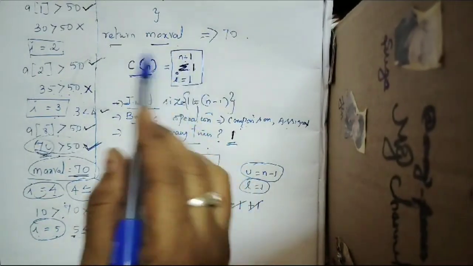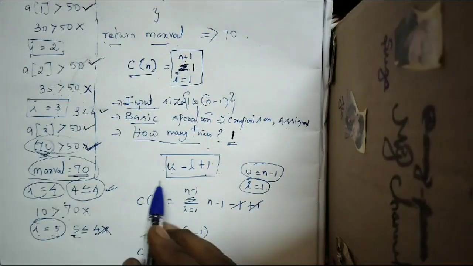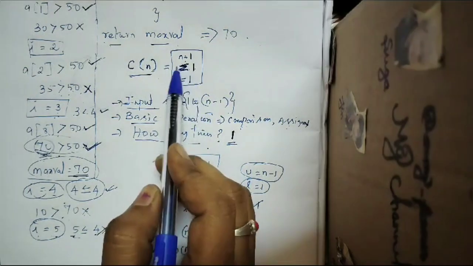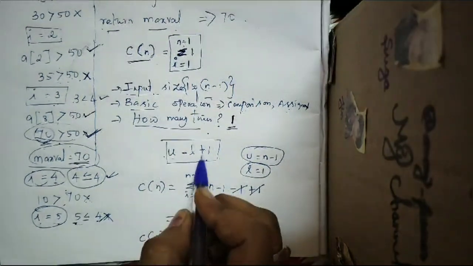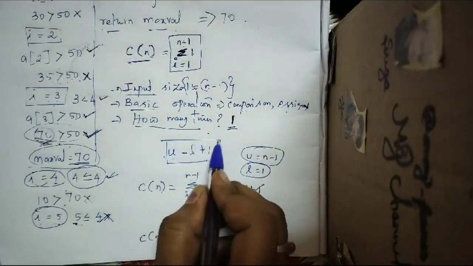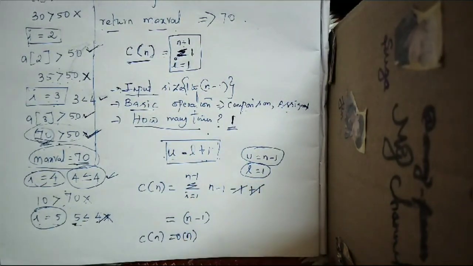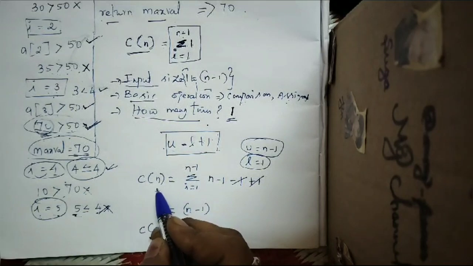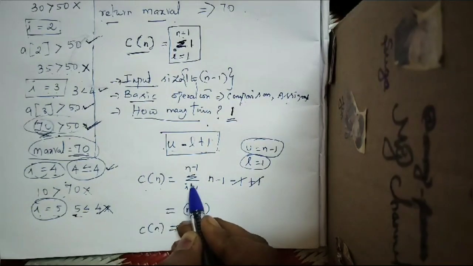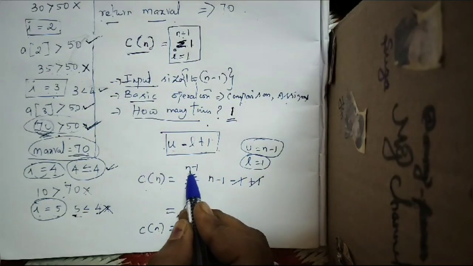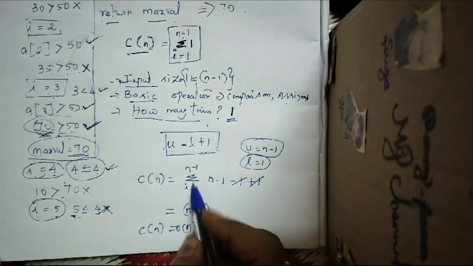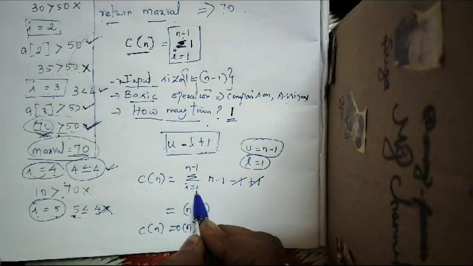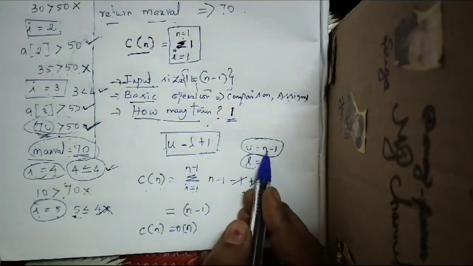This is the basic formula for finding the maximum element. We know the standard formula for this summation: u minus l plus 1. So C of n is the sum for i equal to 1 to n minus 1, and we use this formula, substituting the lower limit 1 and upper limit n minus 1.